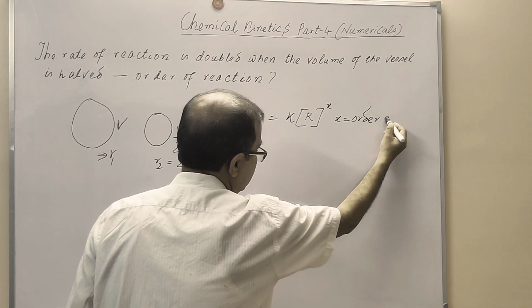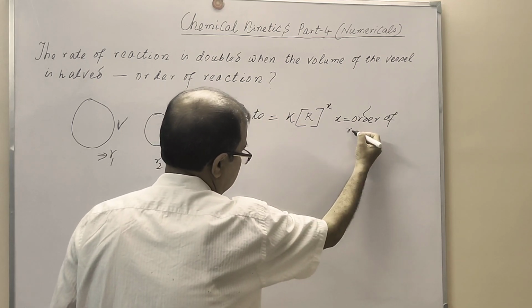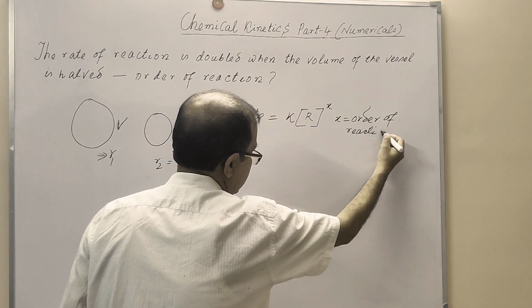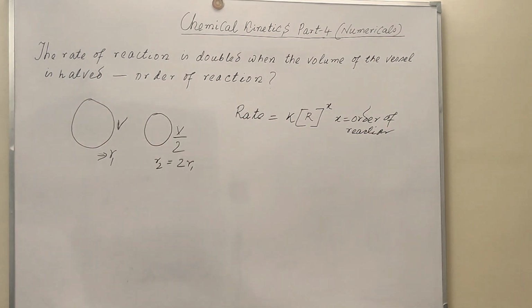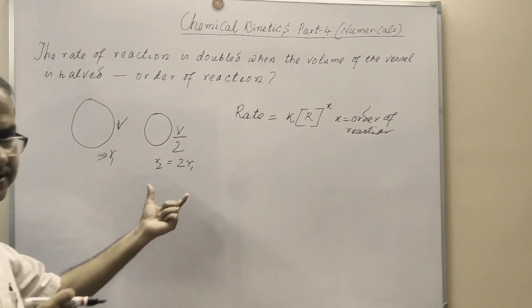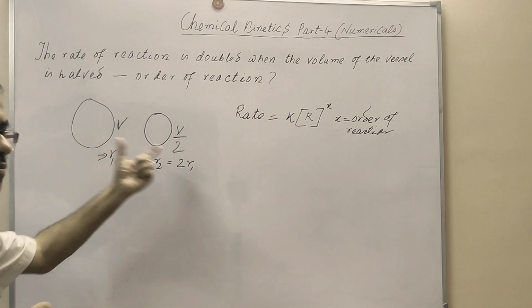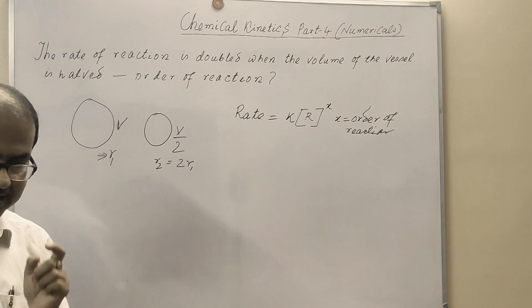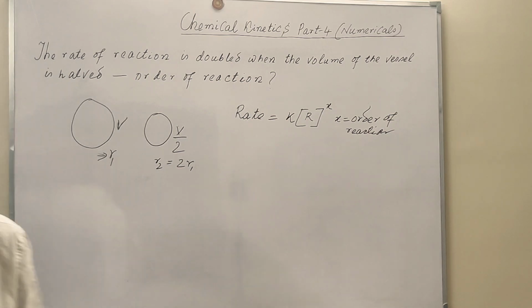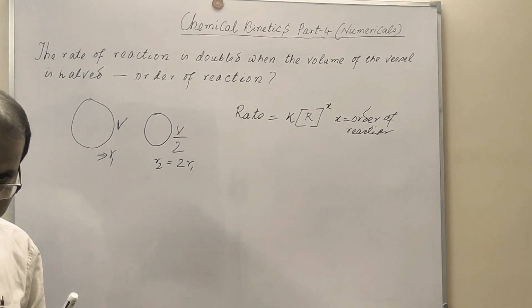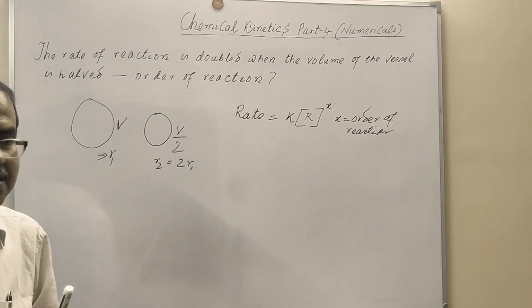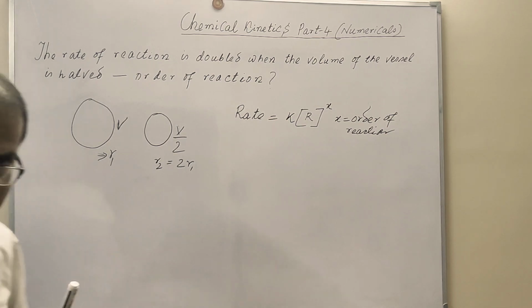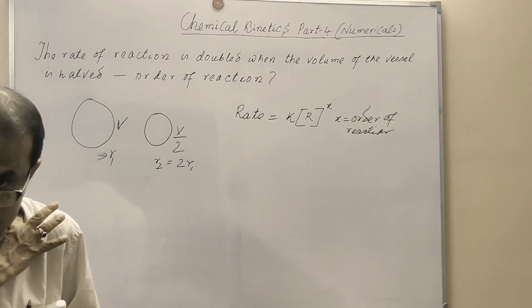Now, two rates are given and the volume of the vessel is given. At this point we have to understand that when the volume of the vessel has been halved, concentration is doubled, because concentration is inversely proportional to the volume.